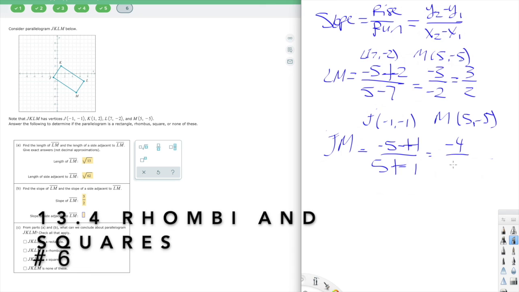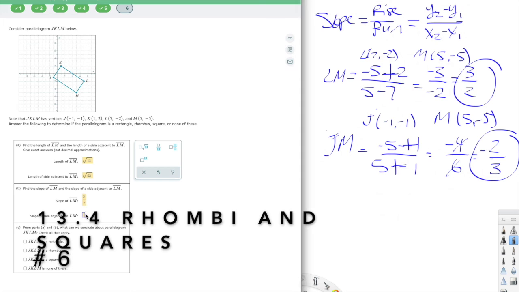I do need to reduce this. It's going to stay negative because there's only one negative this time, but I can divide by 2, and I get 2. I can divide by 2, and I get 3. So I have these two pieces. So 3/2, 2/3, that's a reciprocal. I flipped it over. This was positive, this was negative. So just by chance, I kind of guessed at the fact that it was going to be 2 and 3.